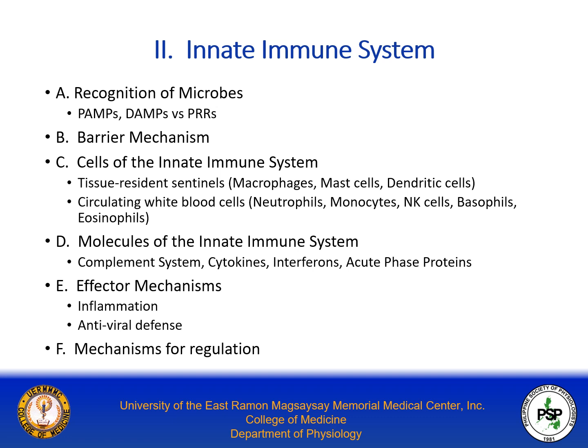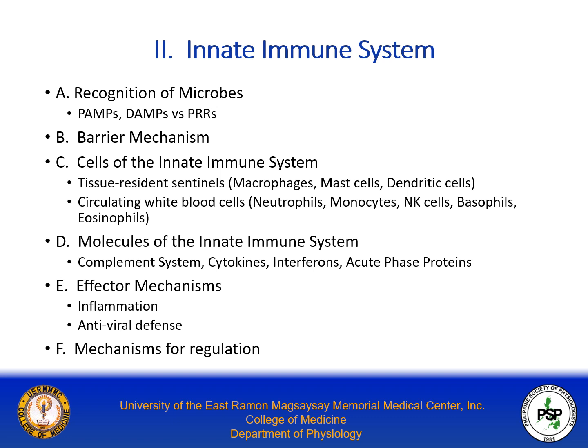So to check if we have discussed everything under innate immune system, we have discussed the recognition of microbes, the barrier mechanism, the cells of the innate immune system, like your macrophages, mast cells, dendritic cells. We also discussed the circulating white blood cells, the granulocytes, the neutrophils, basophils, eosinophils, and then we also discussed the monocytes and your NK cells.